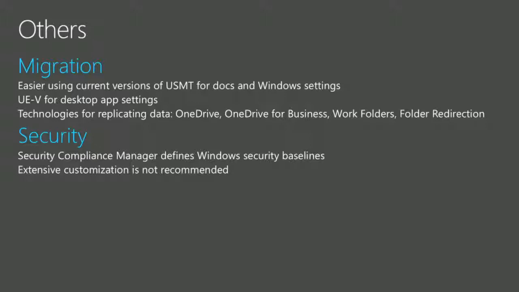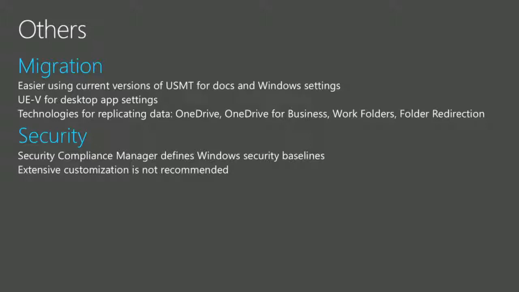What we're hoping for longer term is to eliminate the data migration problem altogether by having the app settings roam automatically. We can do that for modern apps today to a Microsoft account. With Windows 10 in the future, we'll be able to do this with Azure Active Directory accounts to have it sync automatically to the cloud.